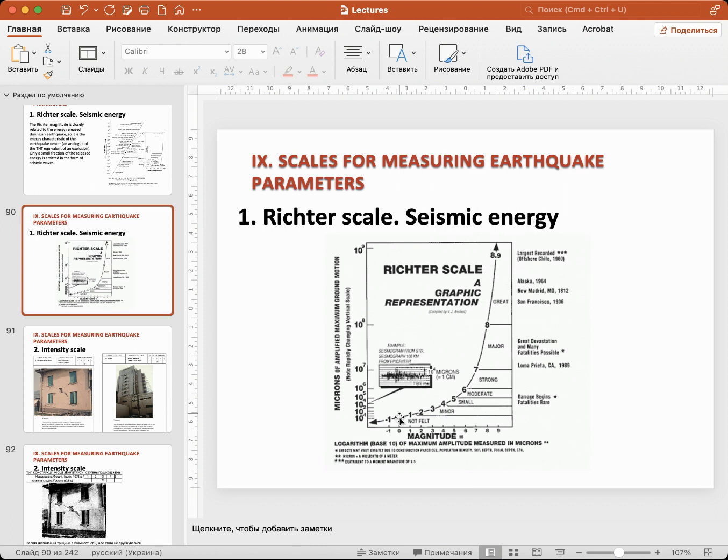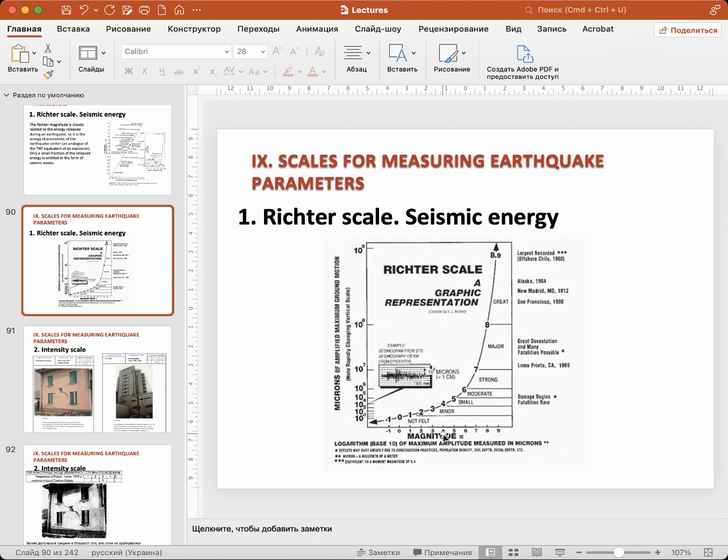We remember that each complete magnitude differs from the previous magnitude by 10 times. Magnitude 3 is 10 times less than magnitude 4, and we are talking about displacement.